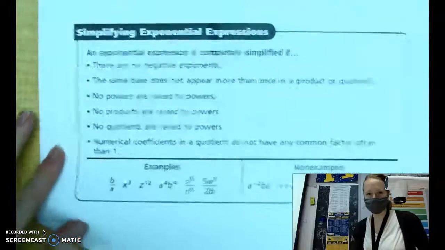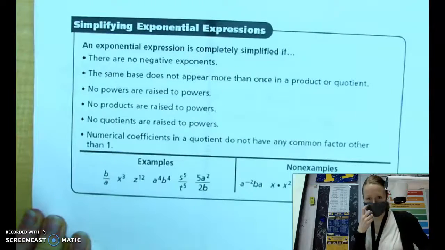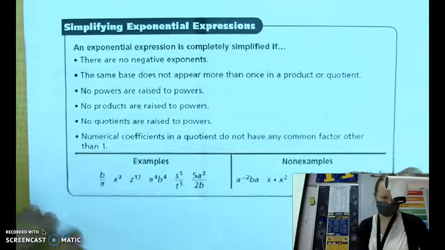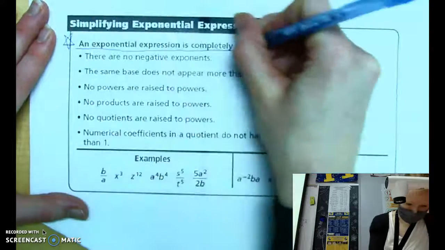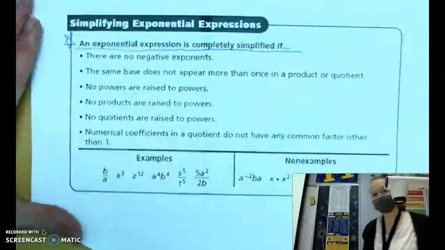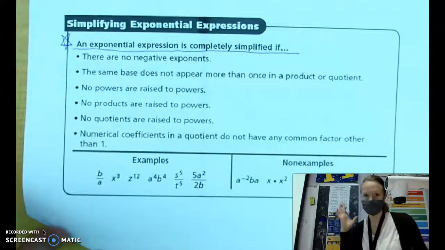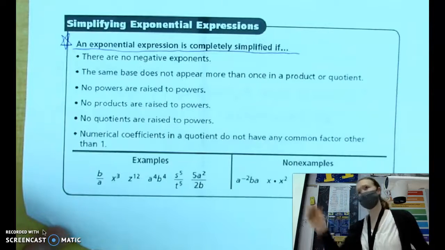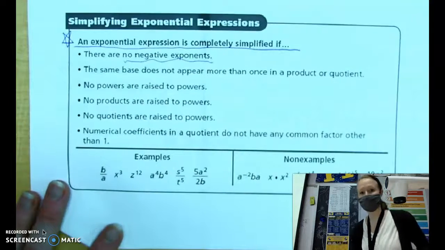Simplifying exponential expressions. This is how to know if your exponential expression is completely simplified. This is a lengthy list. And remember, these notes are online, so if you don't feel like copying them all down, that's okay. But I would recommend shortening these a little bit. So say something like no negative exponents.